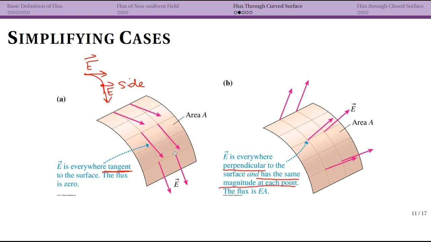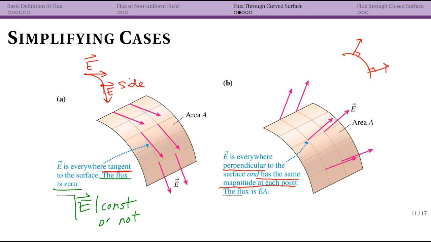Now, cleverly, in A, we could have the same magnitude, like maybe E is constant or not. Here's what's great. In A, the flux is 0, regardless of whether E is constant or not. In B, we definitely want E to be constant, or else it's going to be a little harder to do. So again, what we're talking about here is it being perpendicular to the surface everywhere on the surface.